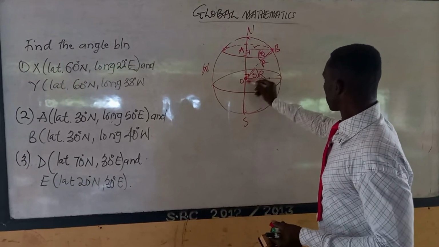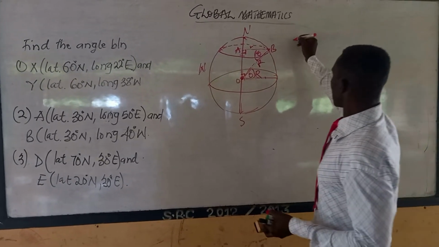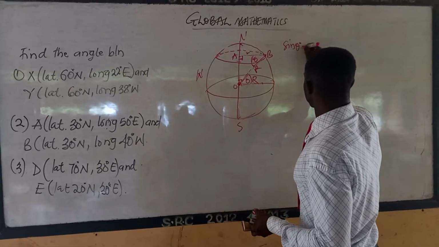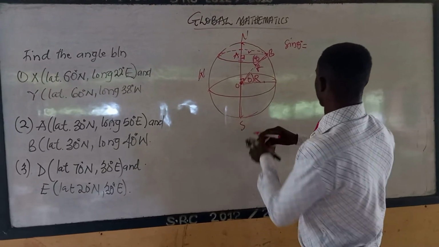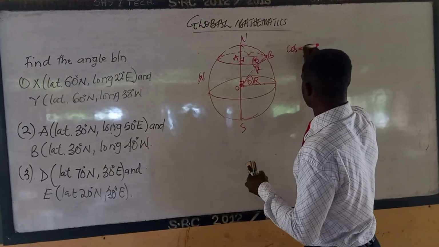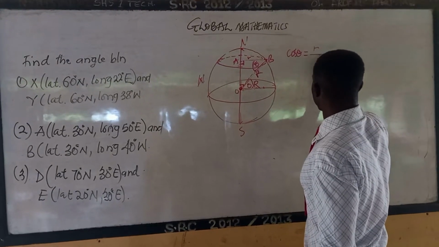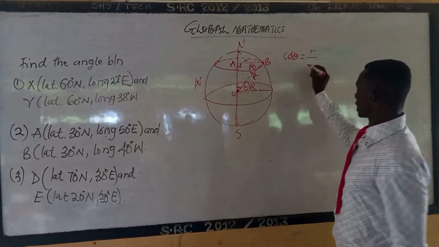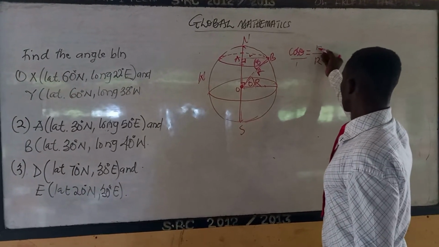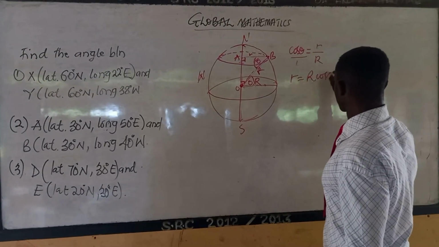So this right triangle, you should see that this is adjacent and this is the hypotenuse. Look at the triangle ABO. We use cos theta is equal to adjacent, which is small r, over the hypotenuse here, which is capital R. And making small r the subject, if you cross multiply, small r is equal to capital R cos theta.